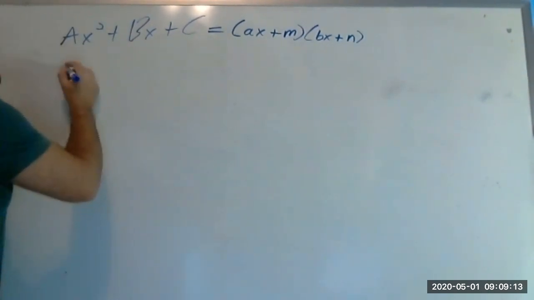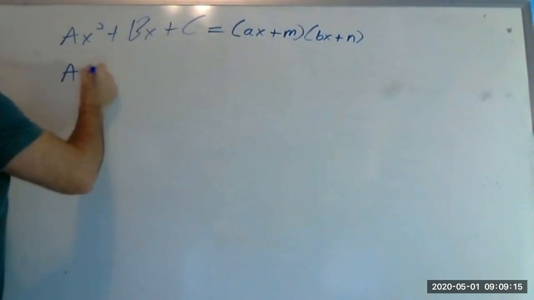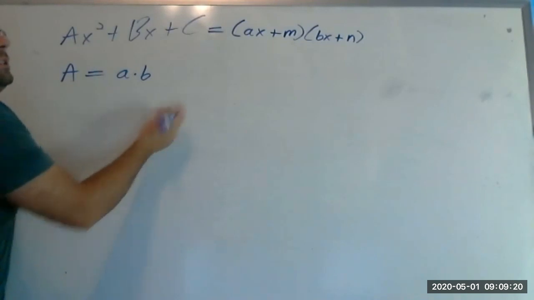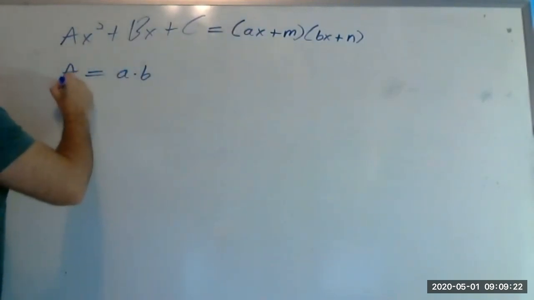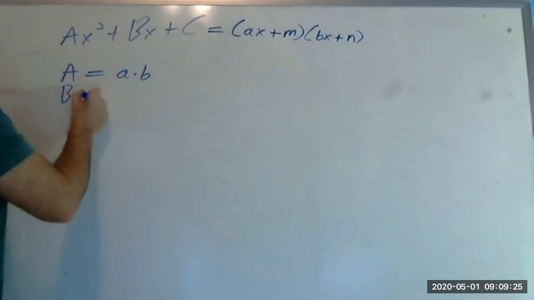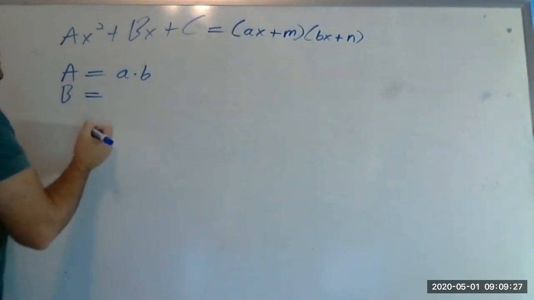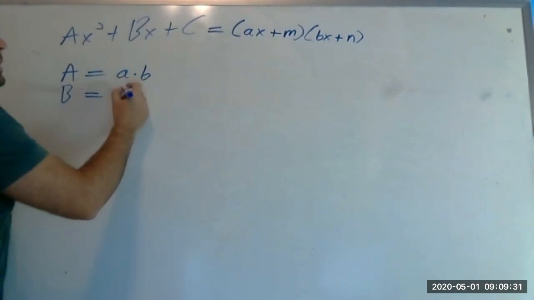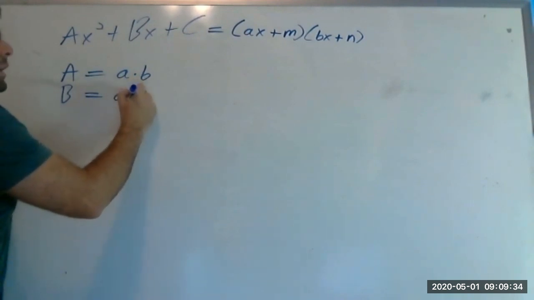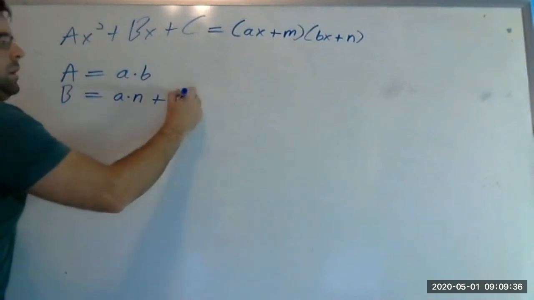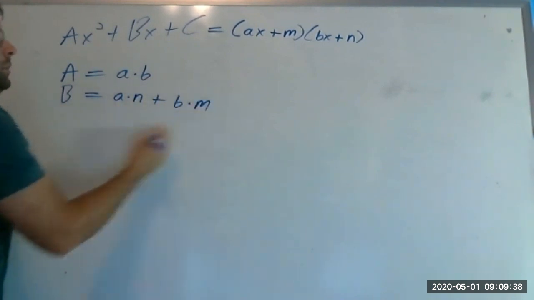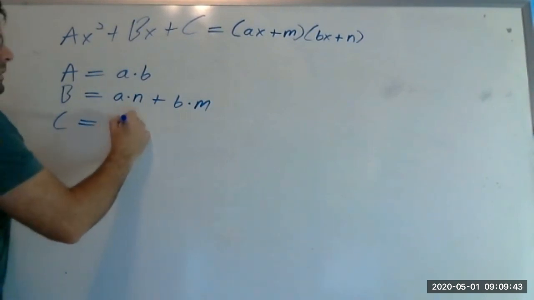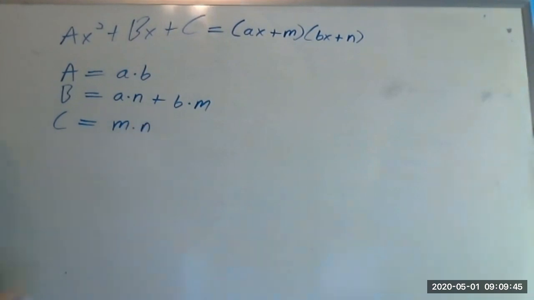So we take this first coefficient, and that equals a times little a times b. B equals, this is the involved one, a times n plus b times m, and c is m times n.